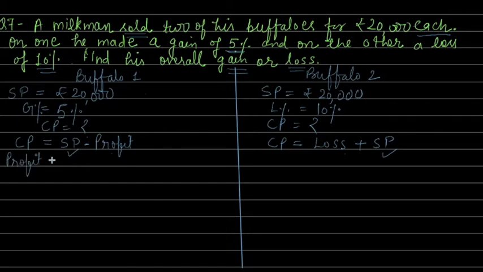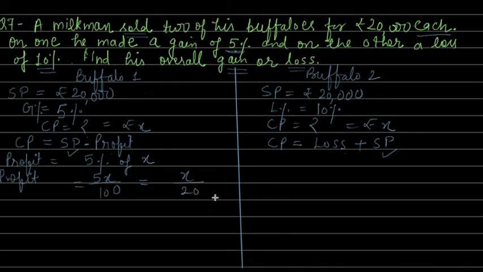Profit will be how much? 5% of how much? We have to assume CP as rupees x, because profit and loss percent is always calculated on x. So 5% of x. How much will it be? 5x upon 100, and if you solve it, it becomes x upon 20. So in this case, the profit is x upon 20. Let's see how much your loss is.